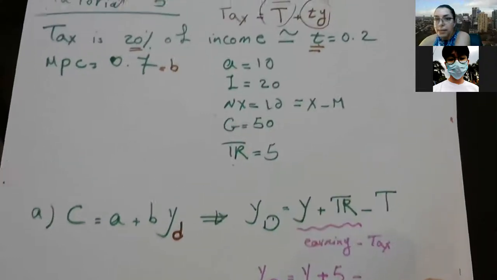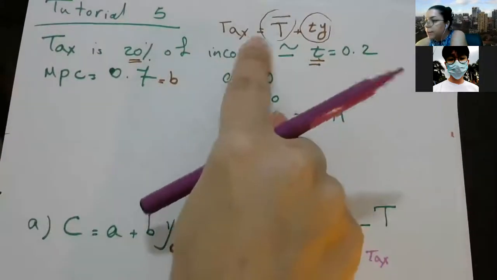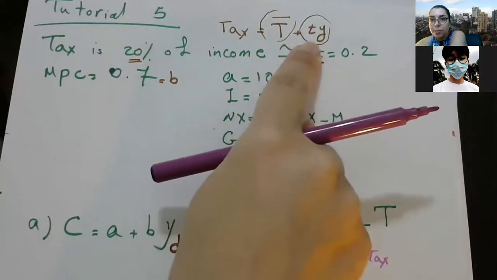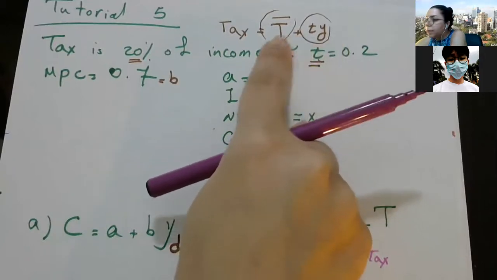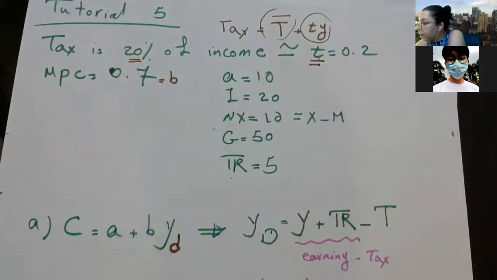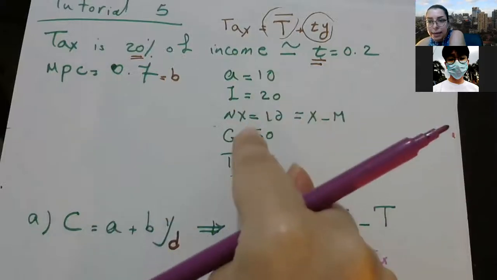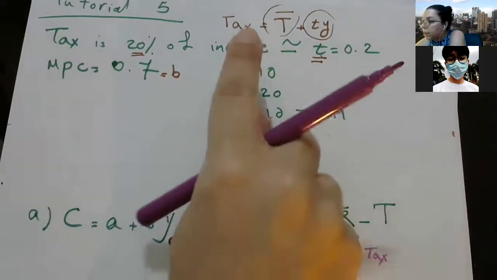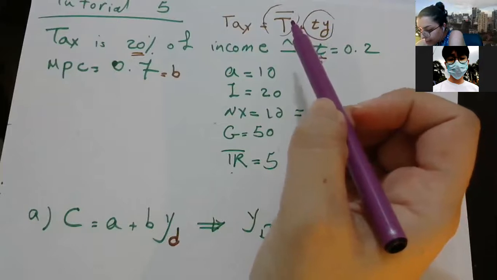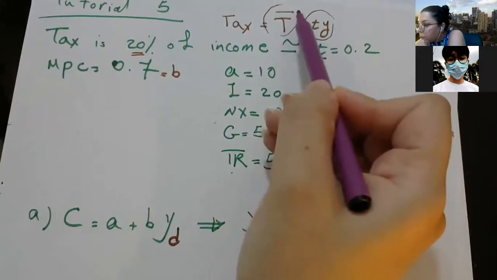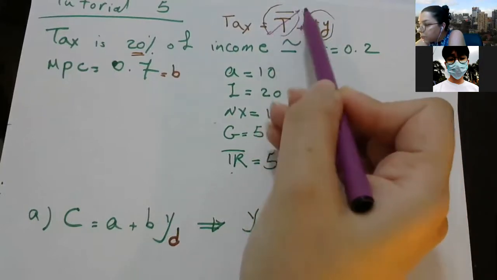So tax itself, it was here: autonomous tax plus induced tax. Do we have any autonomous tax? If I'm not mistaken, I don't see any autonomous tax here. So once you don't see the autonomous tax, it means that you assume that this is 0.